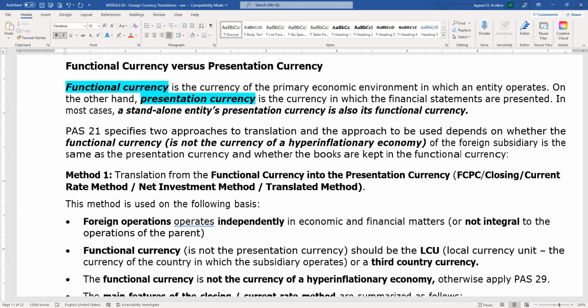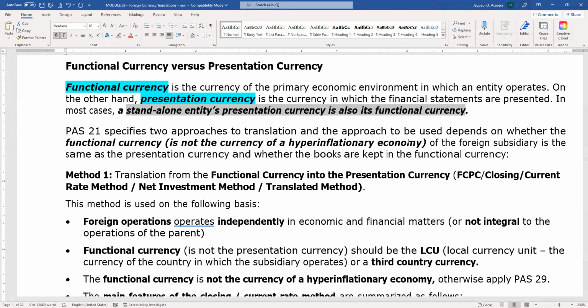So in most cases, a standalone entity's presentation currency is also its functional currency. So kailan ba nag-iiba? Nag-iiba yan, class, kapag foreign operations ang pinag-uusapan.